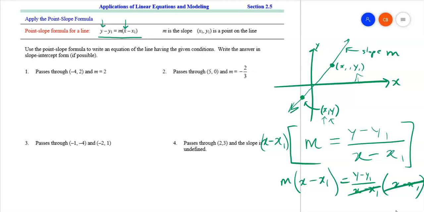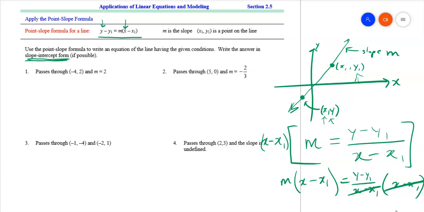This one is really convenient because a lot of times you'll know a point that the line passes through and also the slope, and you need to come up with an equation. Most of the time the acceptable equation that we want is slope-intercept, but like we saw in previous examples, you can start by finding the point-slope form and then simplify it a little bit to get the slope-intercept form.